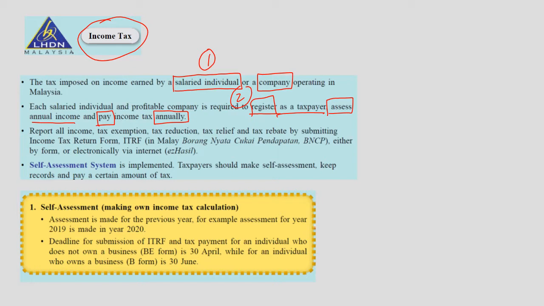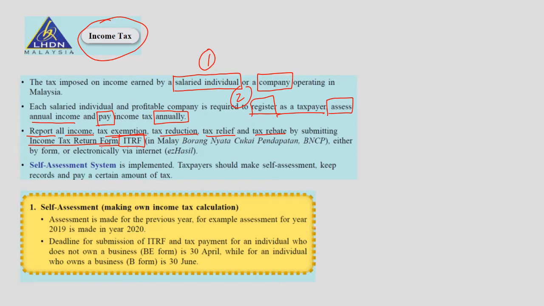Okay, and then number three, you have to report all your income, your tax exemption, tax reduction, tax relief, tax rebate, that you will learn later what is that, by submitting a form which is called the income tax returning form.